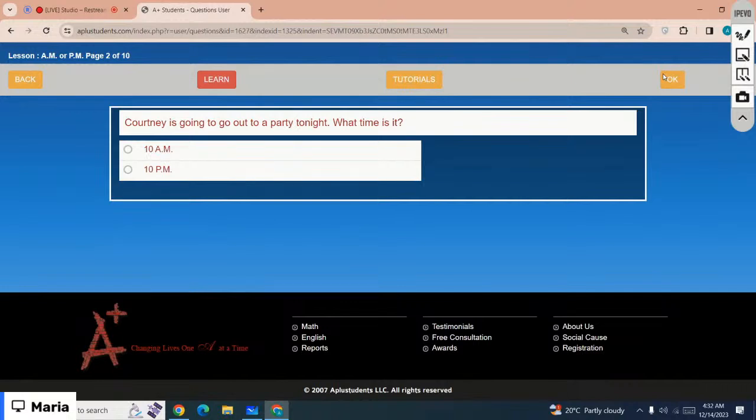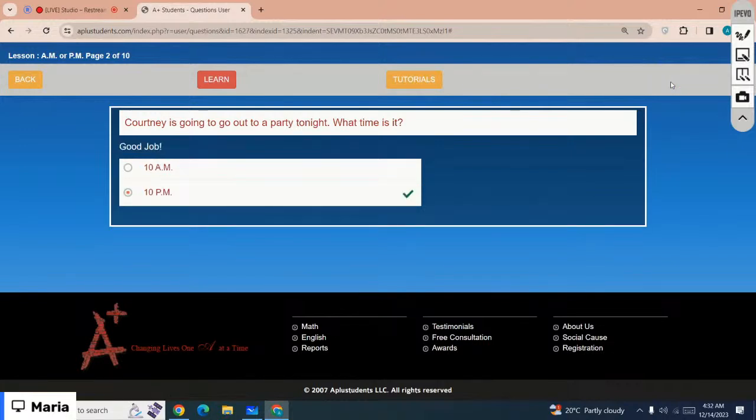Yes, that is 10 p.m., right? Because they are going tonight, right? That would be 10 p.m.